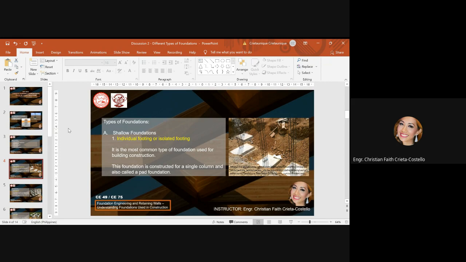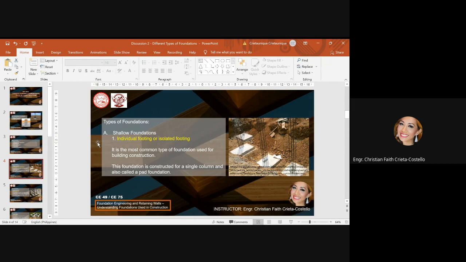Now we have to talk about each of the types of foundations. First, we're going to talk about individual footing or isolated footing. So, an individual footing or isolated footing is the most common type of foundation used for building construction.